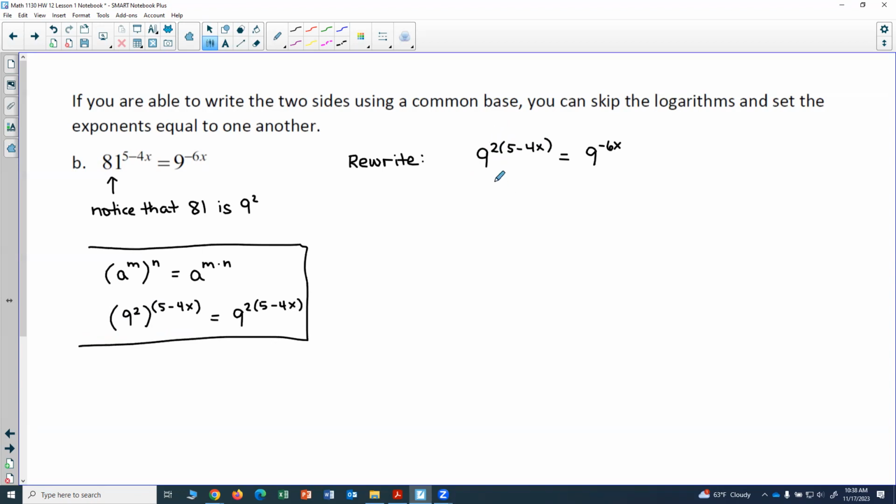So over here, I'm going to go ahead and say, okay, these have the same base. So that means their exponents have to be equal in order for the two sides of the equation to be equal.